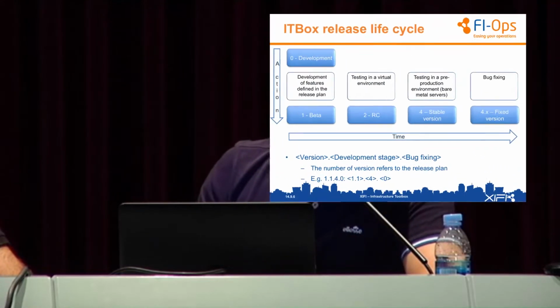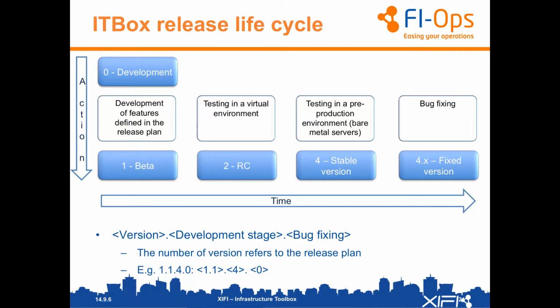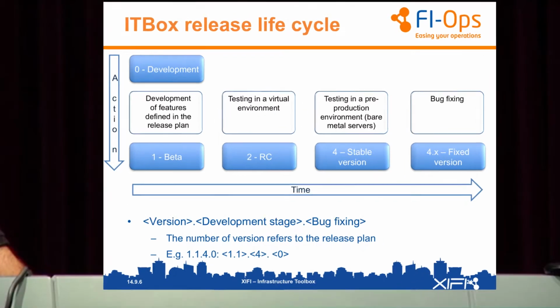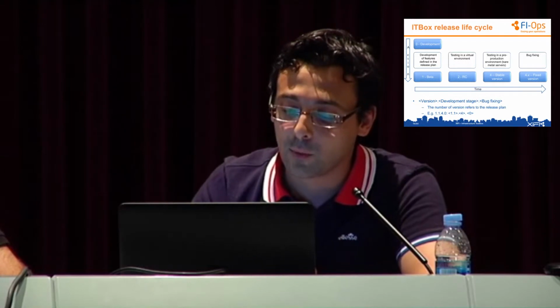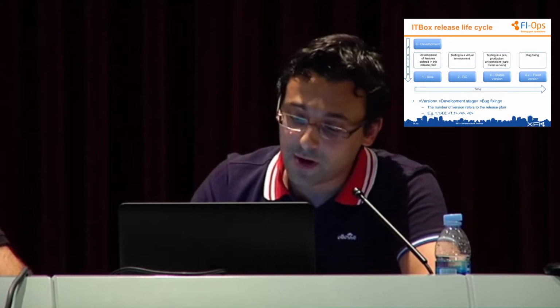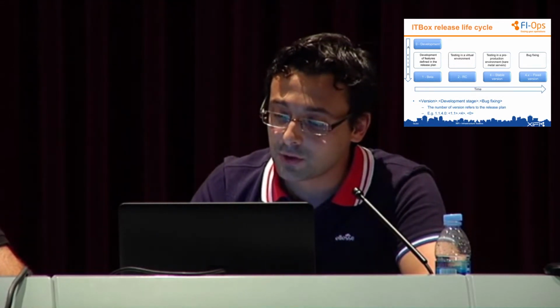This is the release life cycle of the ITBox, so you can understand the version. We have 5 steps in development. You have step 0, development. You have the beta version, the release candidate version, and the stable version.